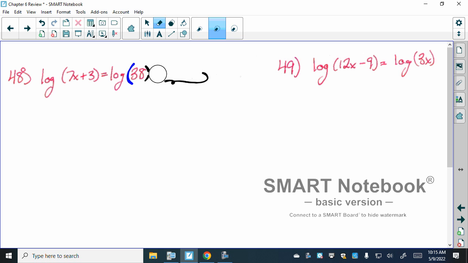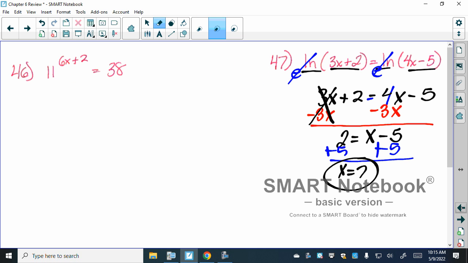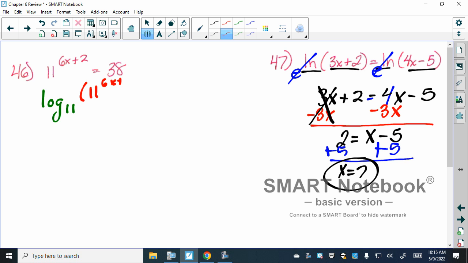Can we go back and do 46? Mm-hmm. Yeah, so the first thing I would want to do is set both sides to log base 11 of our 11 to the 6x plus 2 equals log base 11 of 38.